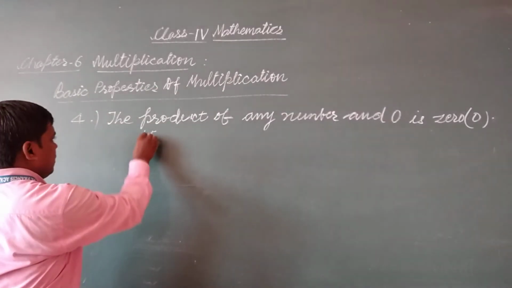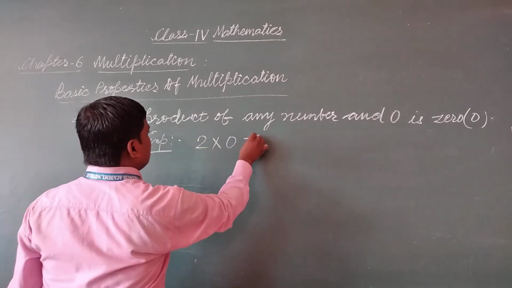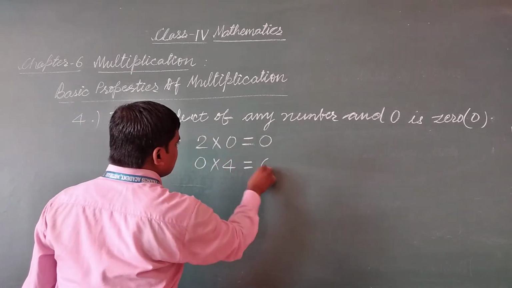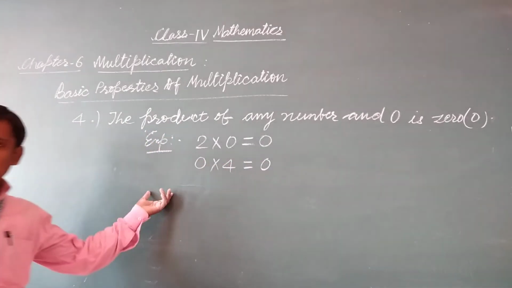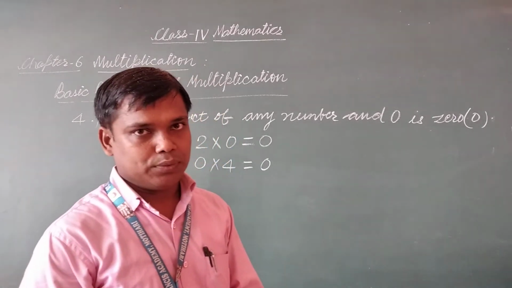See the example. 2 multiplied by 0 is 0, or 0 multiplied by 4 is 0. Means any number we are going to multiply with 0, the product will be 0.